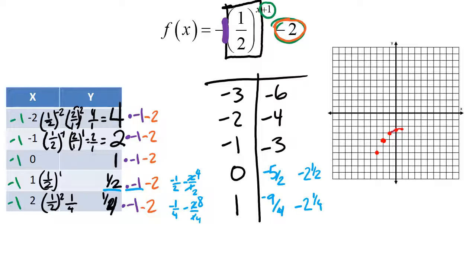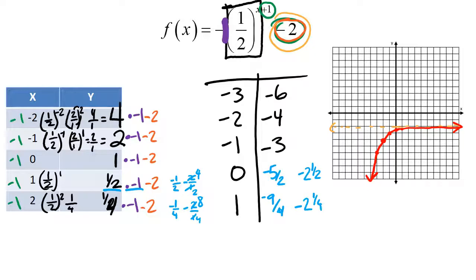I can see that I'm going to drastically drop down here, and I can see that my asymptote is at -2, so I should not touch -2. I should go along that -2. So as I continue my graph, go along that -2 value.